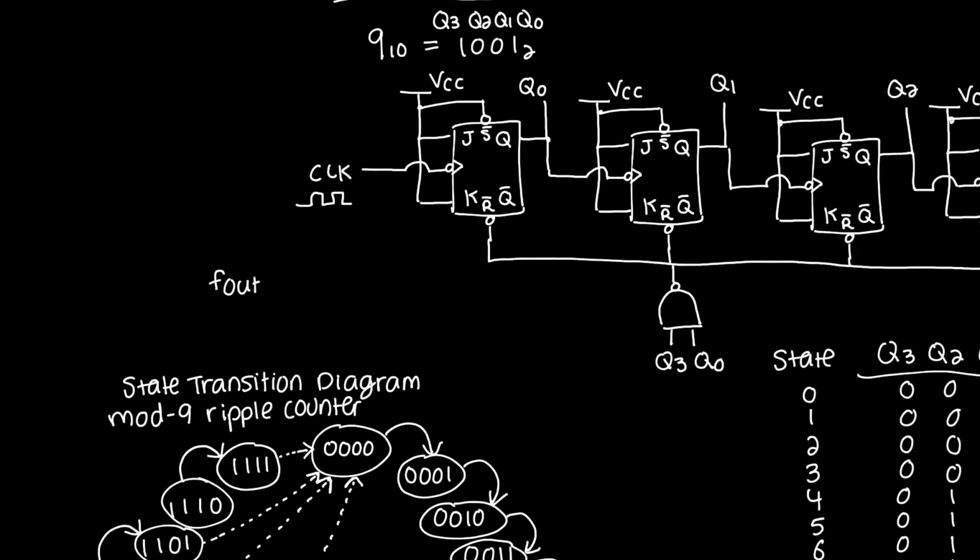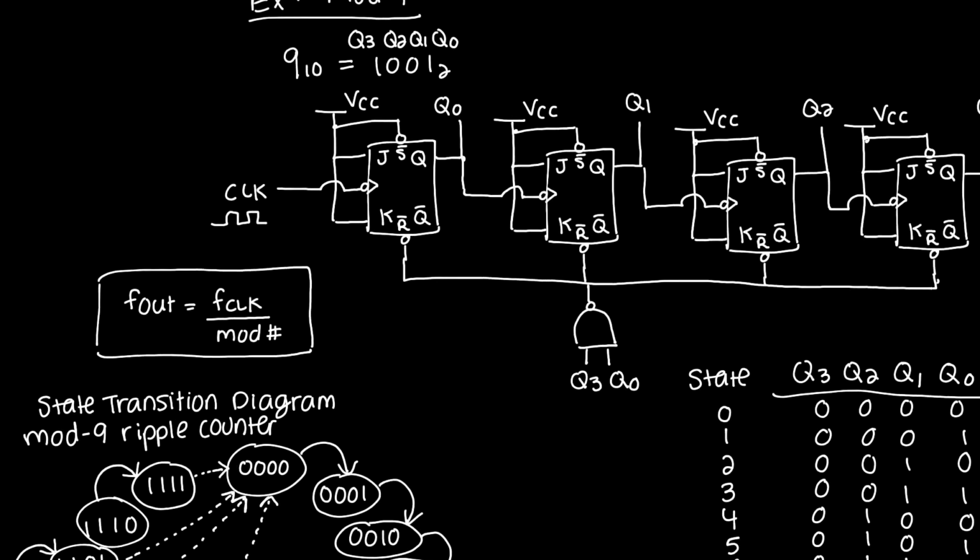Okay, so the output frequency is going to be the frequency of the clock divided by the mod number. Now, this formula holds true for natural and non-natural counters. So you can use this formula across the board.